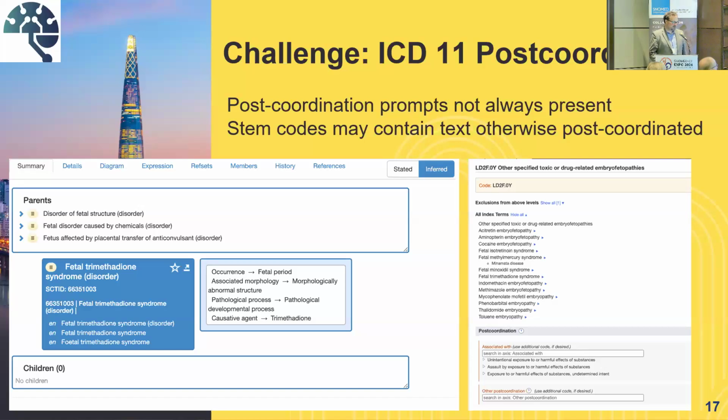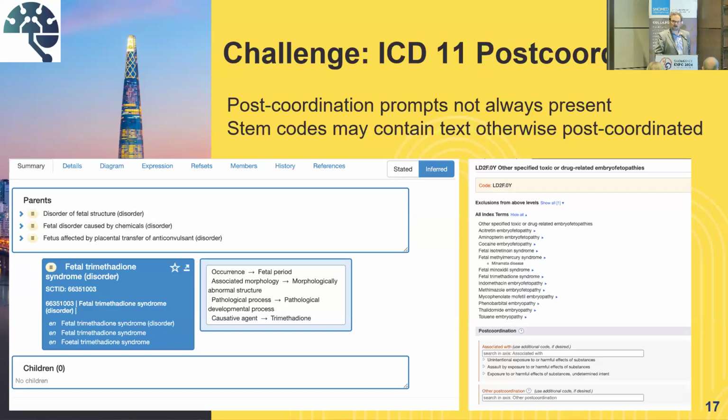ICD-11 also, because of its nature, has a lot of challenges. We talked about the conjunction stuff, which is hard. Post-coordination is tricky because the coding tool, and therefore the Docker image that you can download and run, does have some representation of the post-coordination prompting, but it's not always present. And there are situations where you want post-coordination, but it's not prompted for.